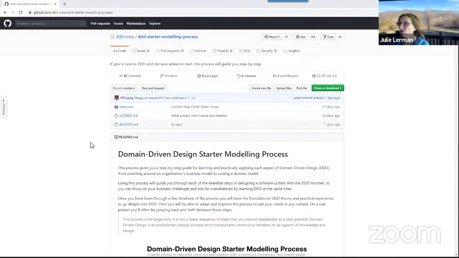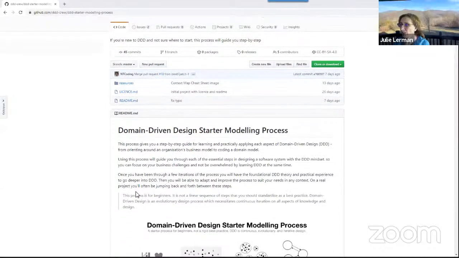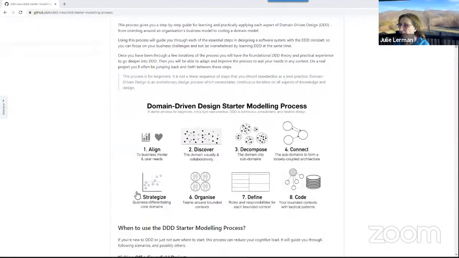And this one is the starter modeling process. So the idea behind this is to give people kind of a roadmap about how to get people started with domain-driven design. And this particular one is following a pattern that we're used to, which is outside in, right? So bringing somebody in to teach how to get the team going on DDD from the outside in.